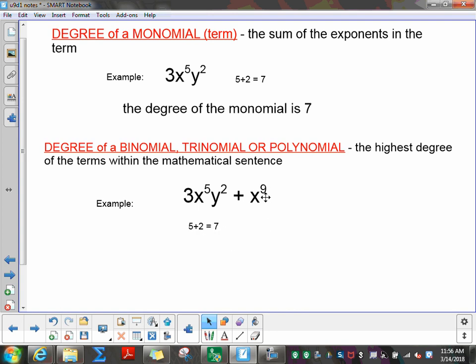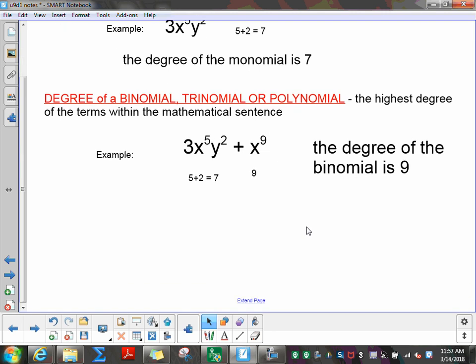The second term has only one exponent, so that's its degree. So we have two terms, 7 and 9. The degree for the whole binomial is 9, because that's the highest one. We don't combine them. We just say it's the bigger of the two. The degree of the binomial is 9, because that's the highest exponent sum that we get. Okay?